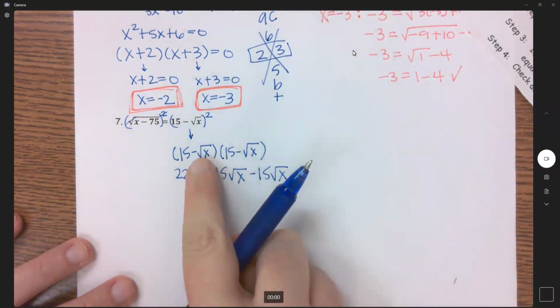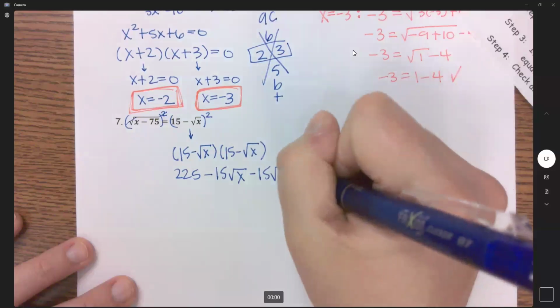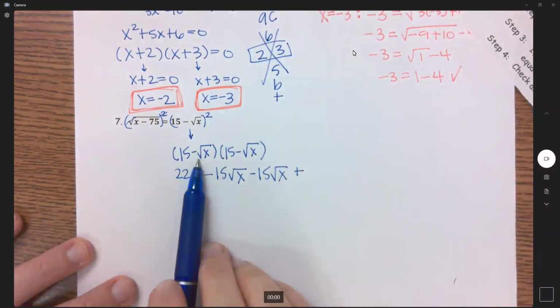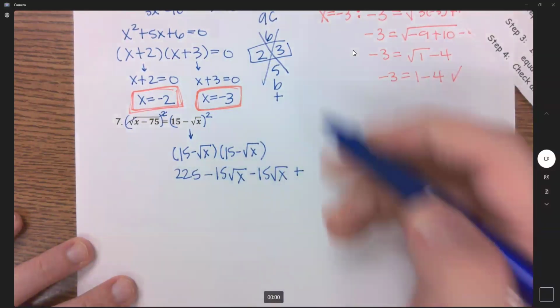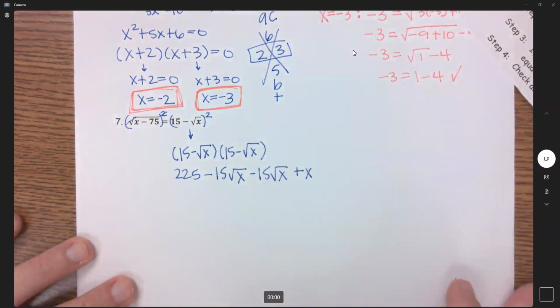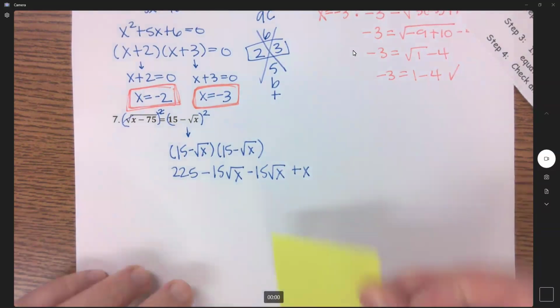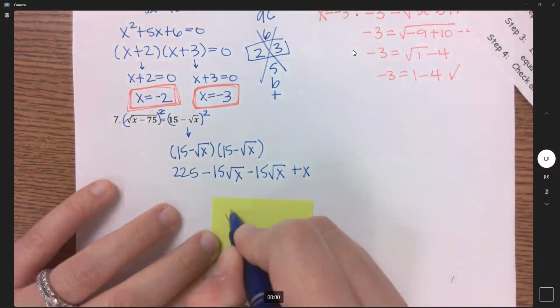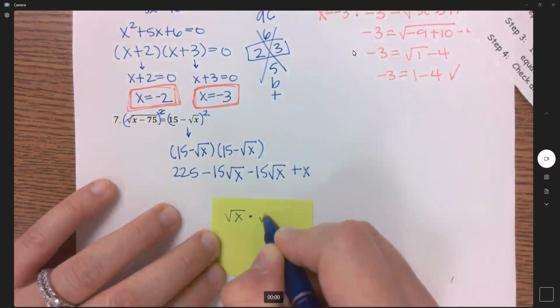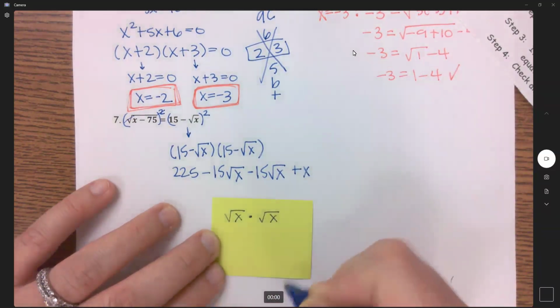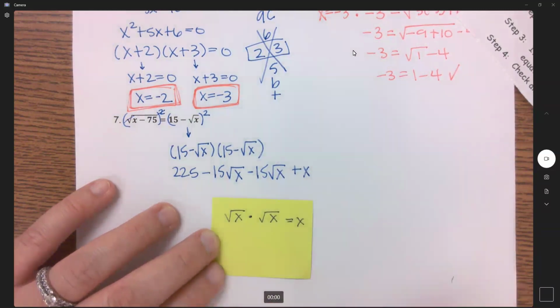And then here, negative times negative is positive. The square root of x times the square root of x is x.